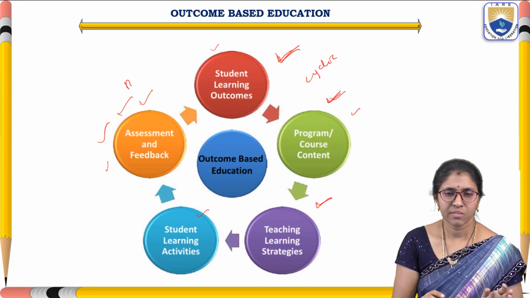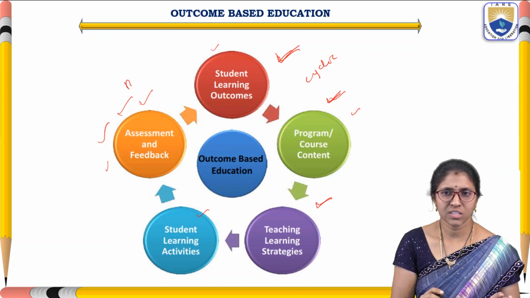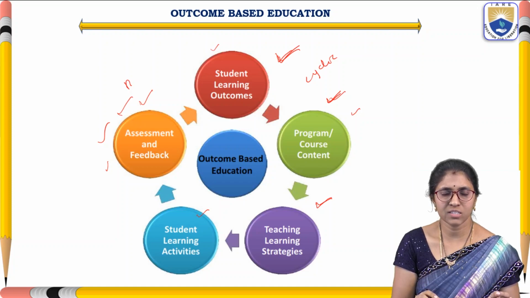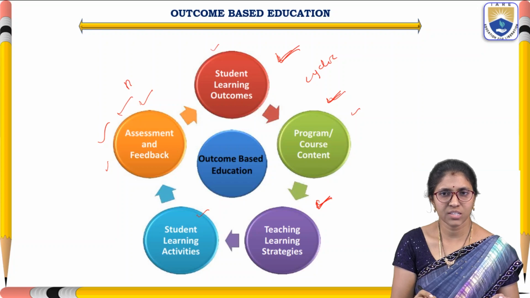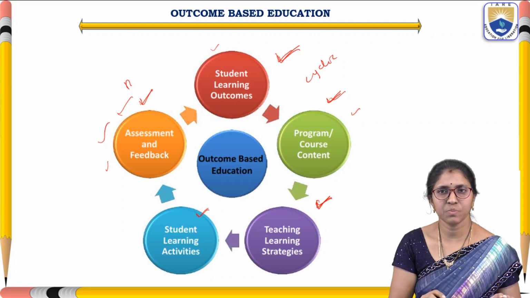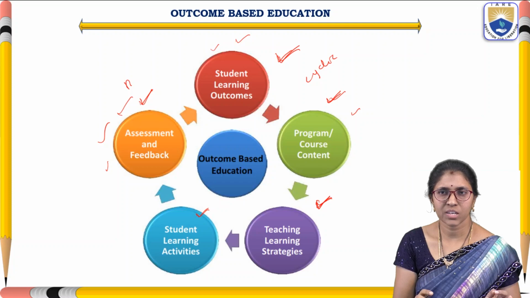First we define program outcomes and course outcomes, then using different teaching and learning strategies, students learn the information easily. After that, assessment and feedback are taken from the stakeholders, and based on this, we again reframe the syllabus. This is about outcome-based education.